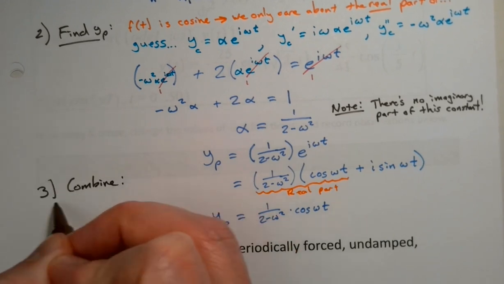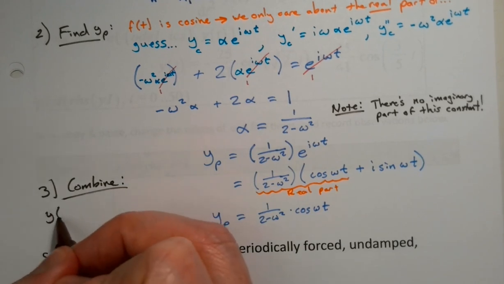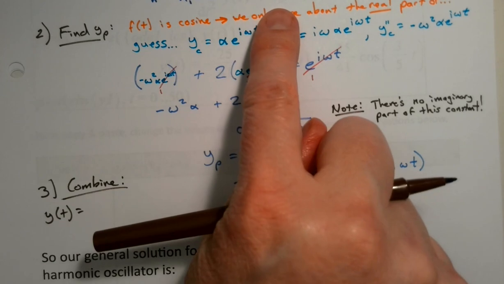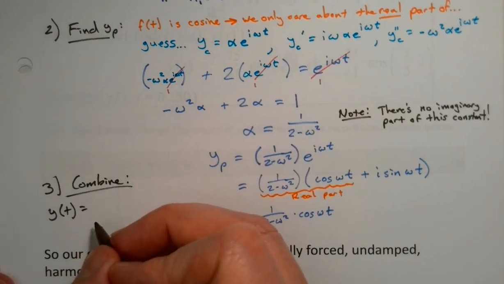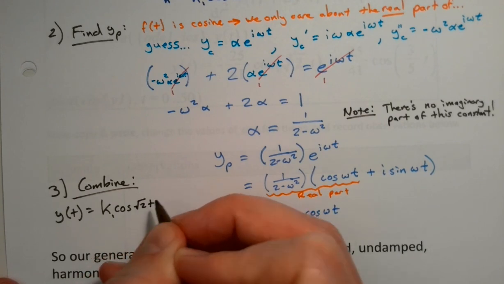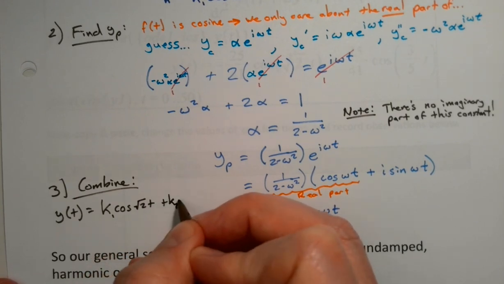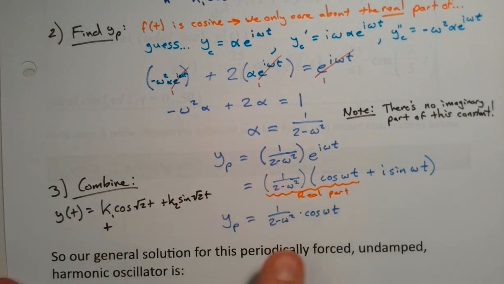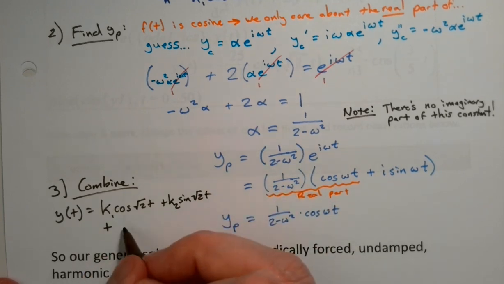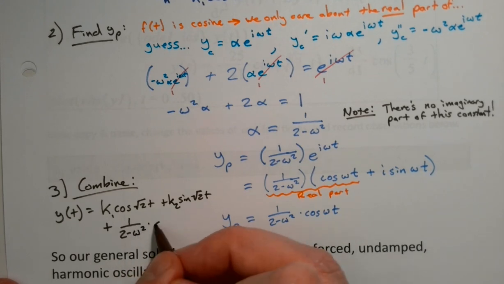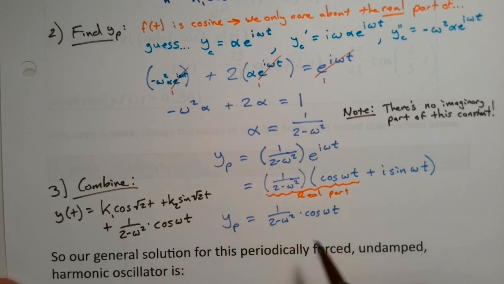I get my overall solution, y of t equals my homogeneous solution from up here, k1 cosine root 2 t plus k2 sine root 2 t plus this term right here, 1 over 2 minus omega squared times cosine of omega t.